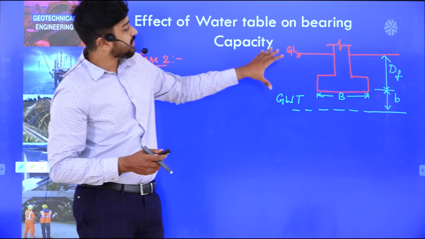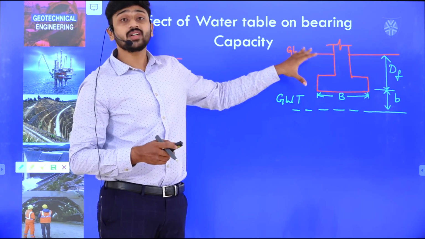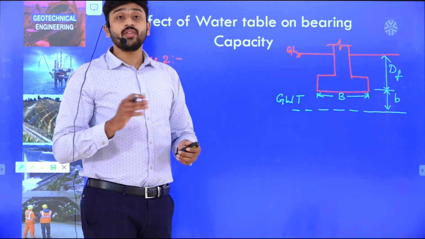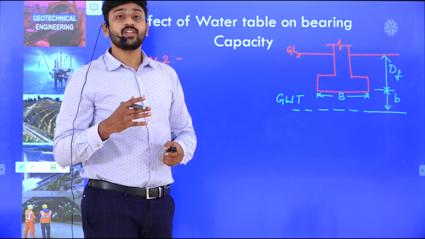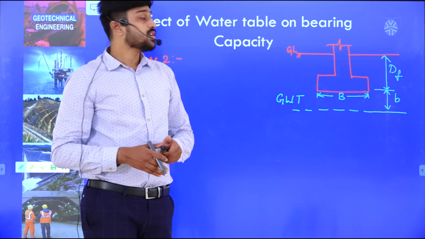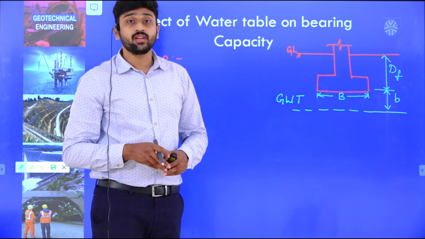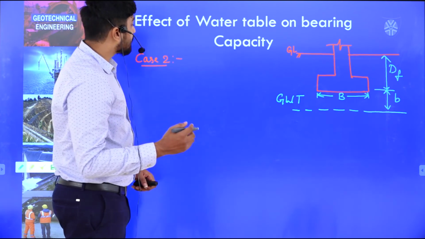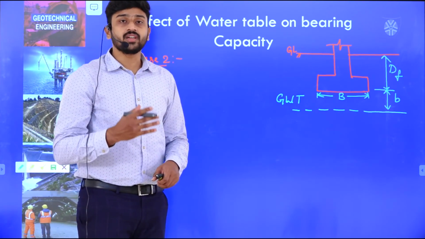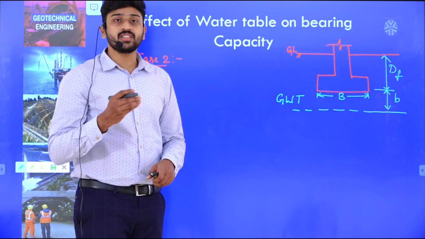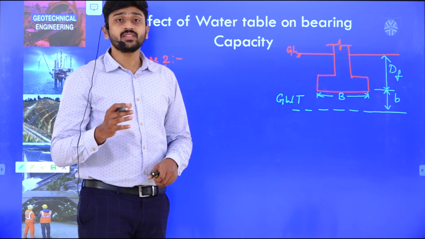If you look at this particular diagram, the water table is somewhere below the base, so the surcharge term is now not affected. However, the other term, the failure term considering the shear zone, will vary, and that has to be modified. Here, in the term of ultimate bearing capacity, that is 0.5 gamma B N gamma, let us denote the term as gamma bar.